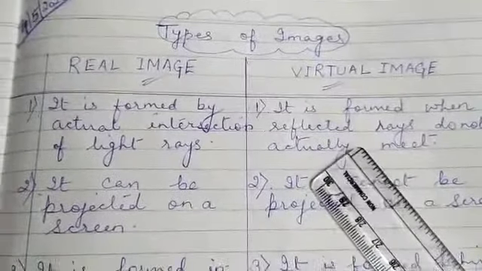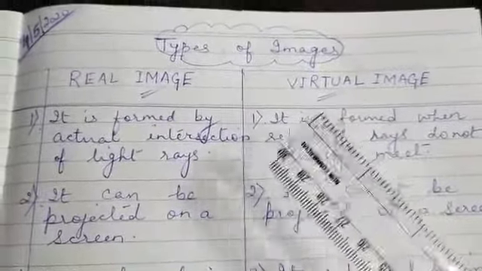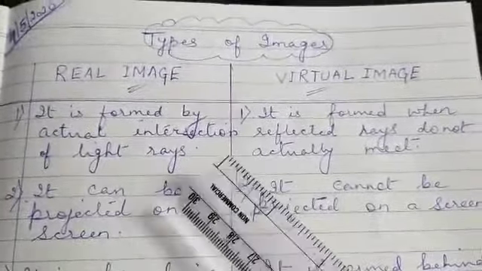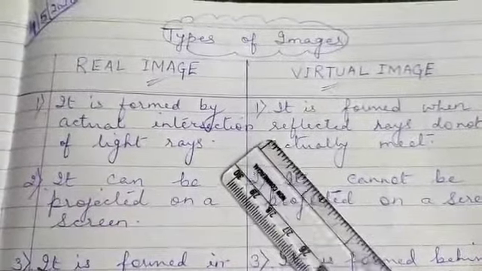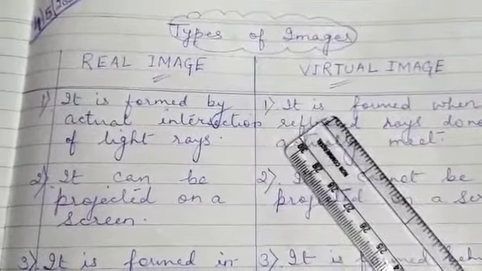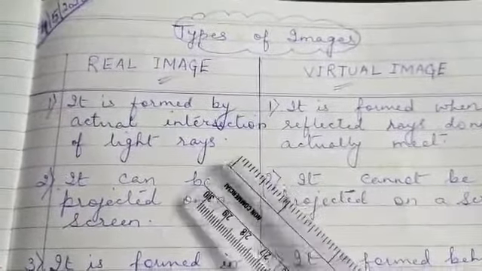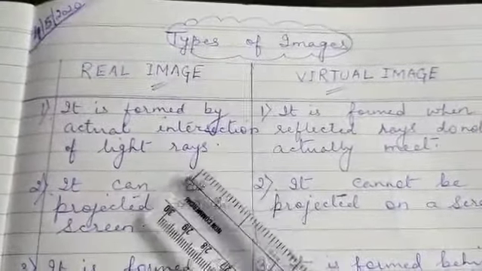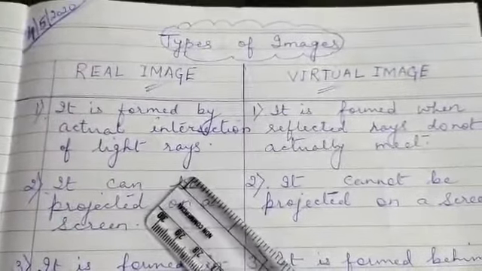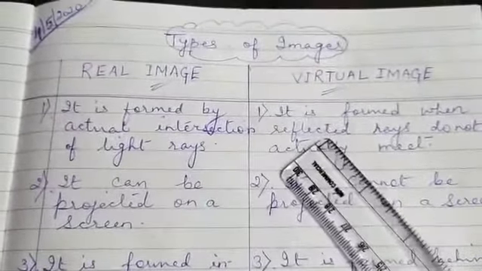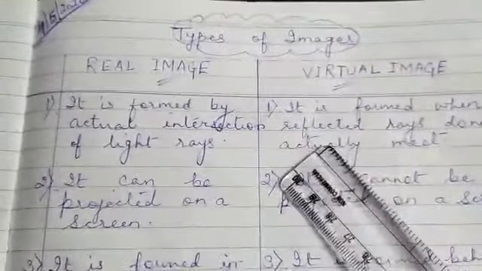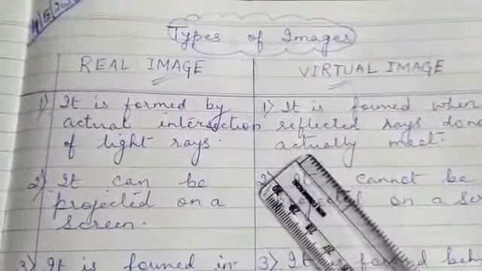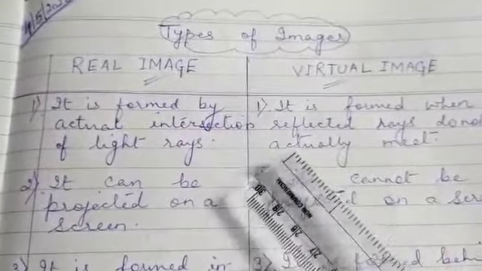But we can see both types of objects. Luminous objects we can see because they emit their own light. But non-luminous objects we can see with the help of luminous objects, because when the incident ray which comes from the luminous object falls on the non-luminous object, then these rays converge at the retina of our eye and we can see the image.